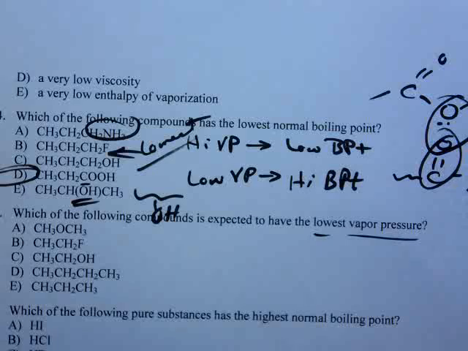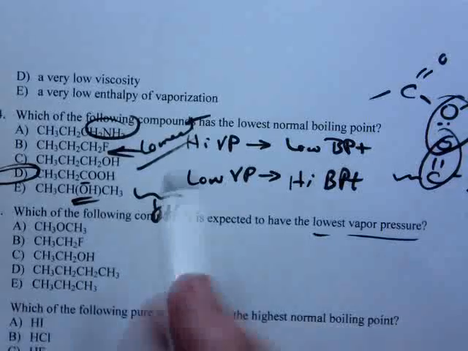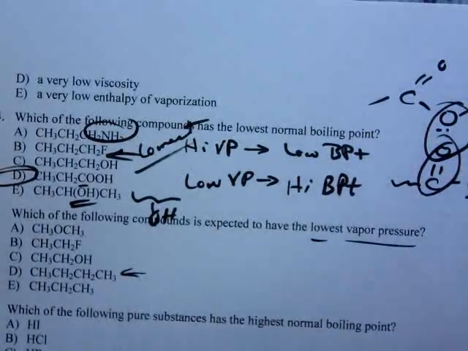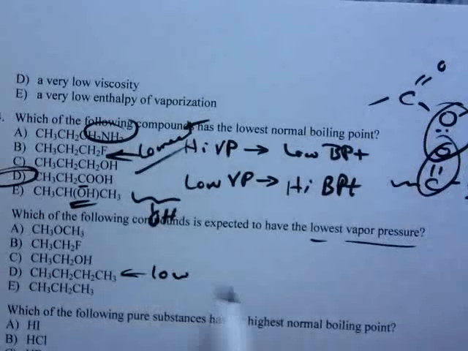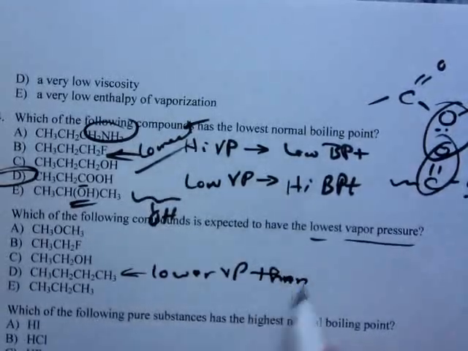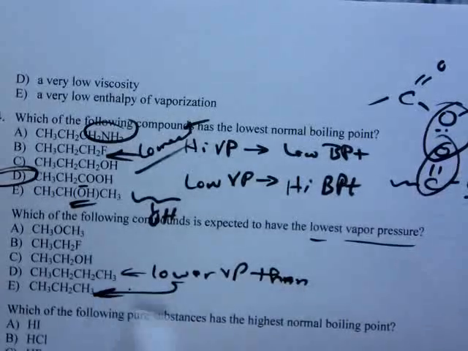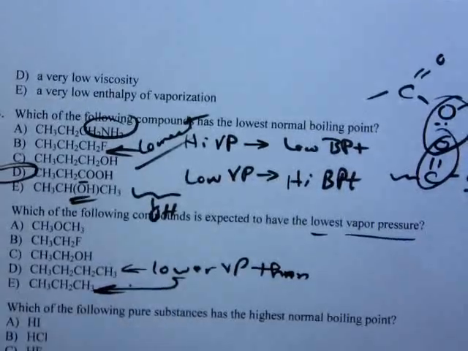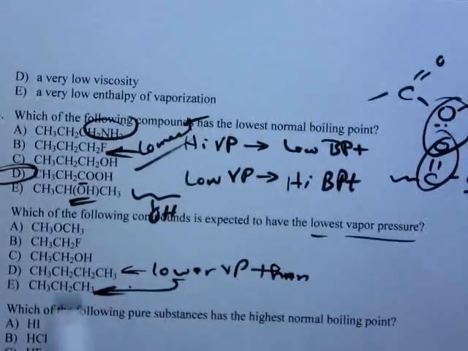The longer the chain, the more chain-chain interaction. So this has a lower vapor pressure than this one right here, because there's only 3 carbons in that one. So this one would evaporate easier, making this a higher vapor pressure.